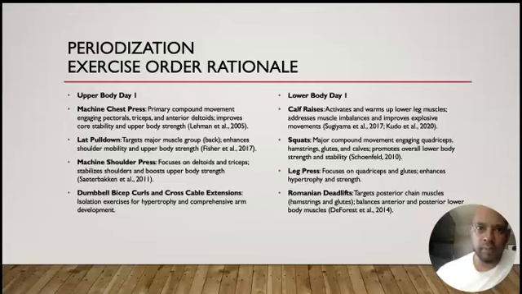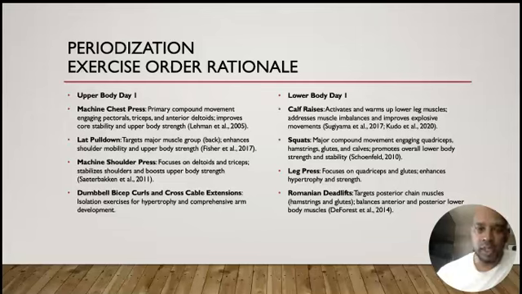So on upper body 1, we start with the machine chest press as a primary compound movement, and this exercise engages the pectorals, the triceps, and anterior deltoids, improving his core stability and upper body strength, as per Lehman 2005. Following up with a lat pull down, which targets the major back muscles and enhances shoulder mobility and upper body strength, as per Fisher et al.